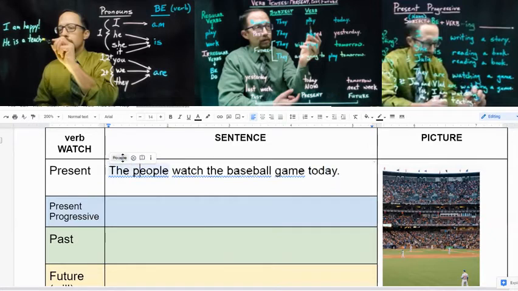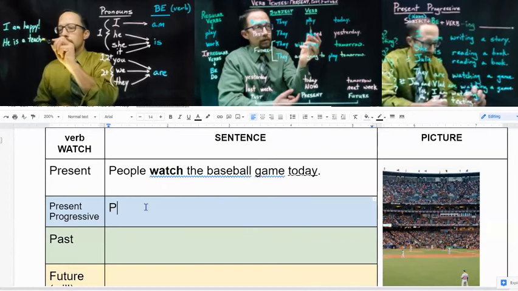We can change it. That's okay. People watch the game today. The people is okay too. It's okay, either way. They want to change it to just watch baseball, but this is okay. This is good. People watch the baseball game today.